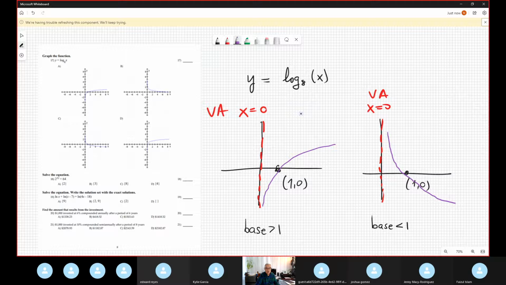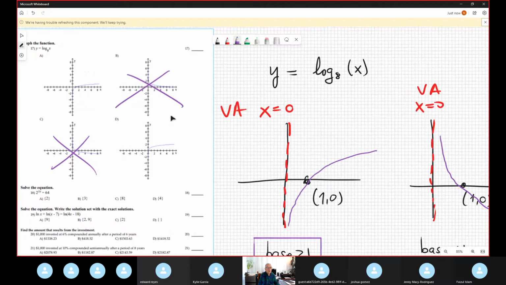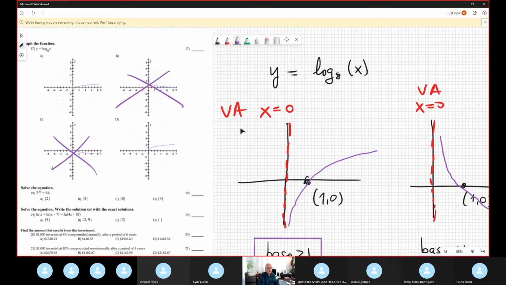But the base in our example is 8, so it corresponds with the scenario of base greater than 1. So actually, we discard this possibility and this possibility. Maybe it's A or D. But I suppose it's obvious, because let me zoom.